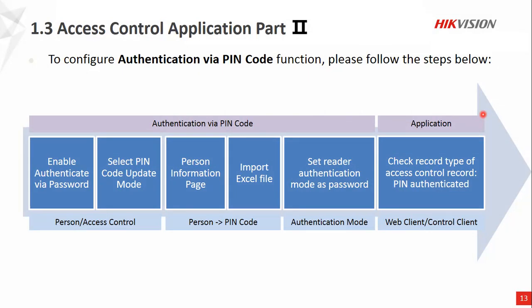Then we also have our person information page. Like you saw, if I have all my staff members on an Excel sheet, I can allocate the information on that sheet and create their card numbers onto the sheet. I can then import that into HIK-Central via Excel and attach it to their pictures on the system itself.